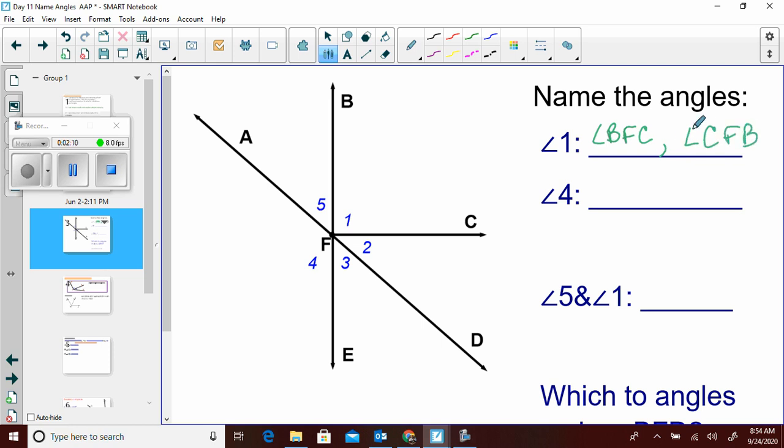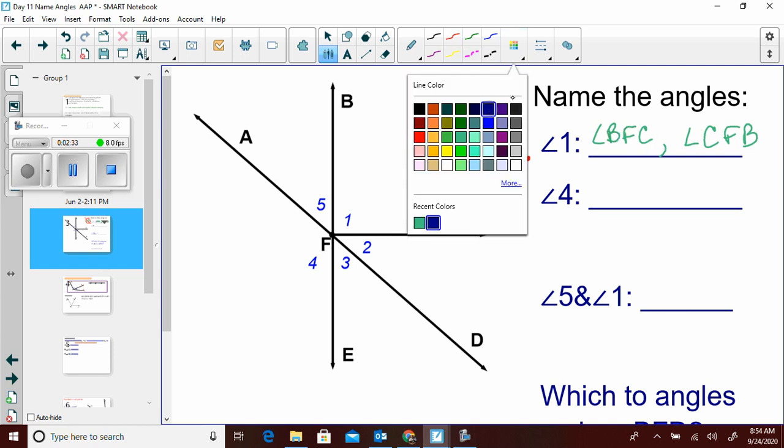Make sure you put the angle in front of it. If we were talking measure, it'd be an M in front of it. But it's angle BFC and angle CFB. It cannot be angle F, because there's way too many. We'd have to guess which one it is. So when there's more than one angle, make sure you're naming it with the three variables.